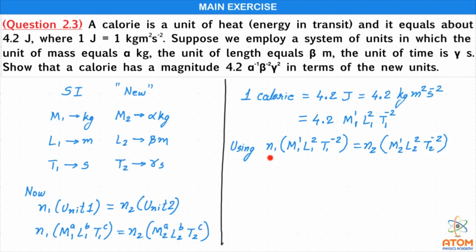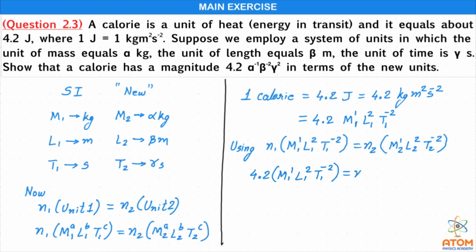Also, this N1 is the numeric value of the first unit system, which is already given 4.2, and N2 is the numeric value which we want to find out. So let me put all the stuff here. This is 4.2. Here it is M1 raised to 1, L1 raised to 2, T1 raised to minus 2.